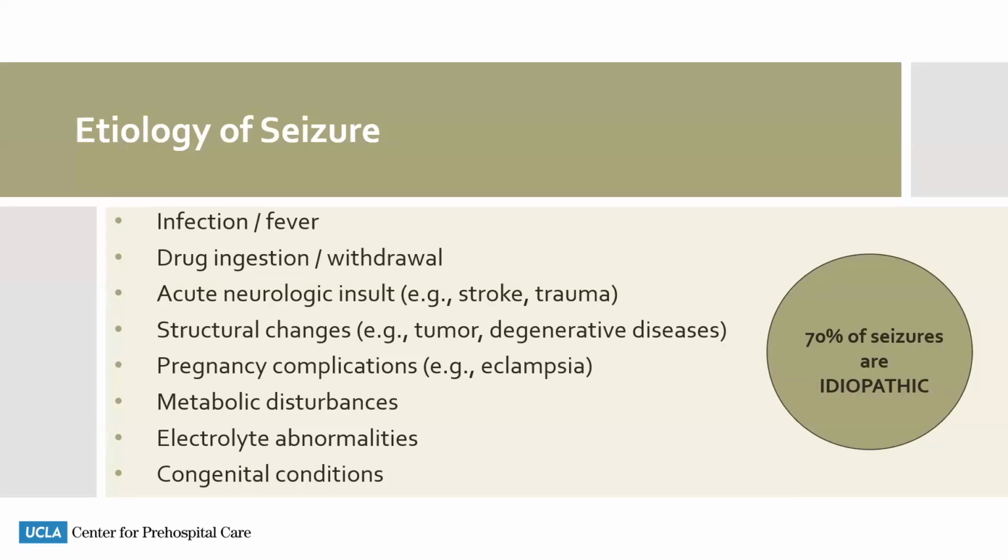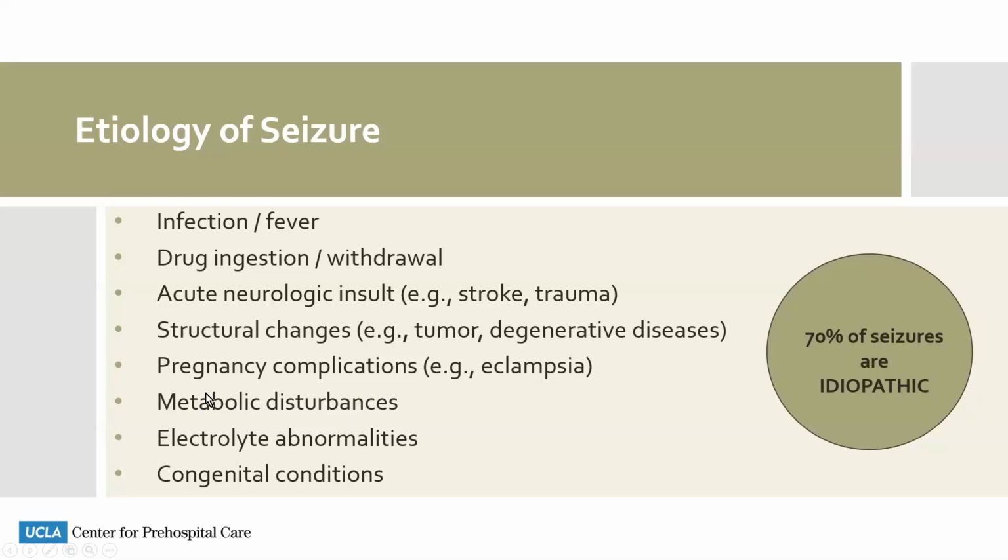Trauma to the head can precipitate a seizure. What about tumors, brain tumors? Now that's really devastating. Degenerative diseases, pregnancy complications like eclampsia. I'm going to talk to you about that later today. And that can cause a seizure.